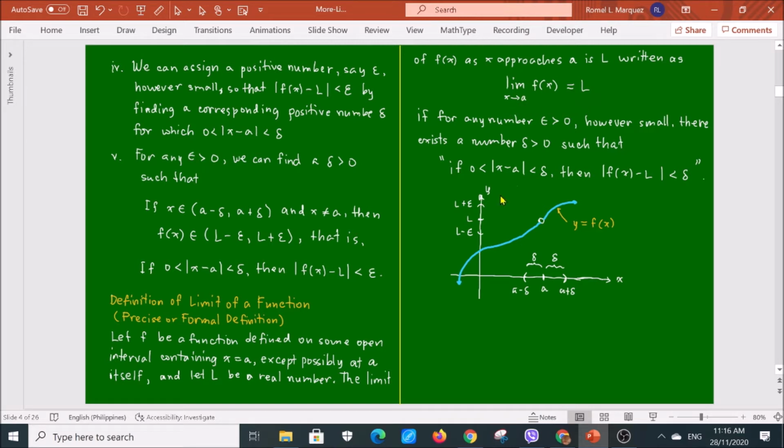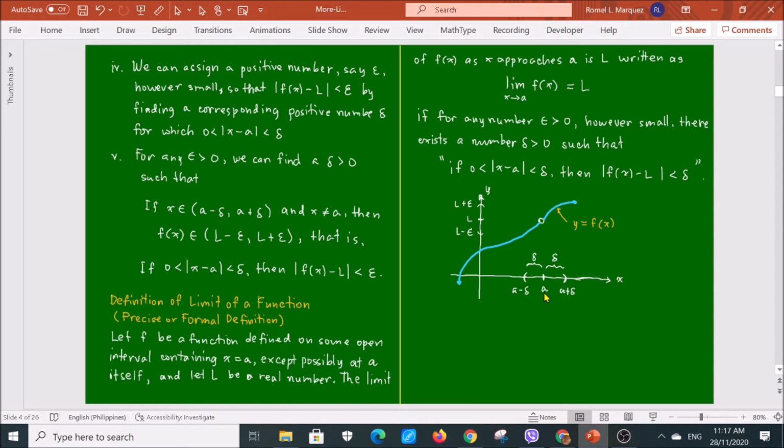That's what we have. So give me a positive number epsilon. I can always find a delta that will correspond to that, no? I can always find a delta that will make your f of x have a limit at L.